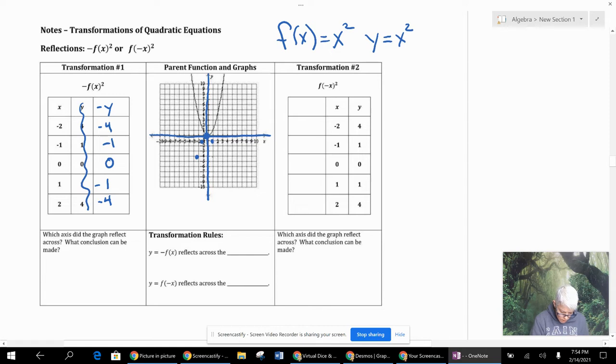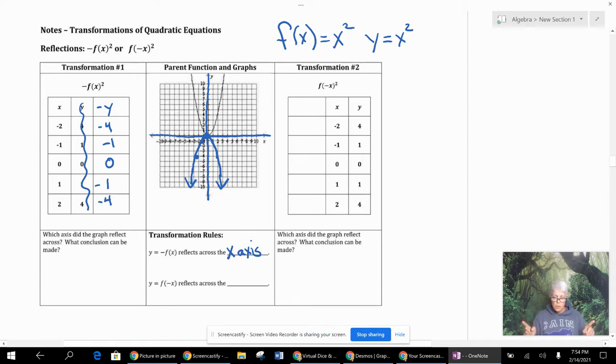And so if you can see, it's kind of flipping. So if I put a negative in front of f of x, it's going to reflect across the x-axis. That's what happens. That's all I've got to remember.